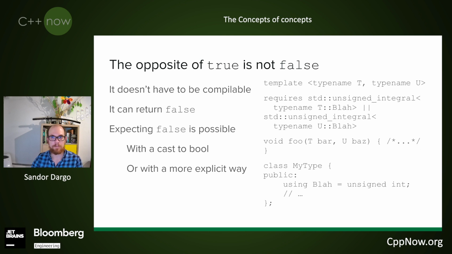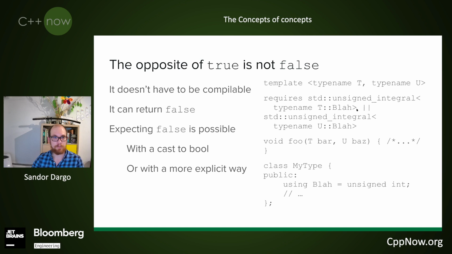Okay, so here we write our requirements that we have two types, T and U, and one of them should have a nested type blah that is an unsigned integral. So these different sub-expressions, they don't have to be compilable.